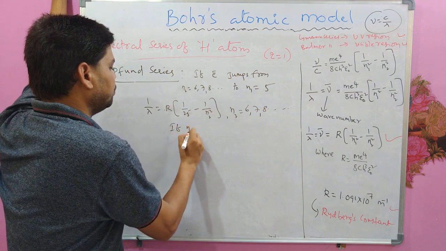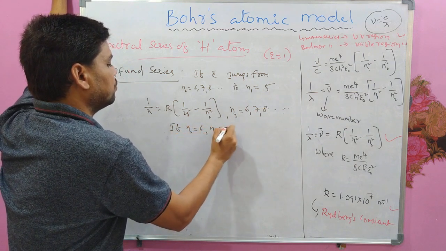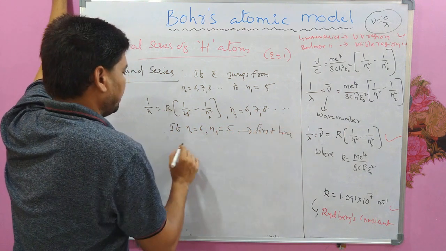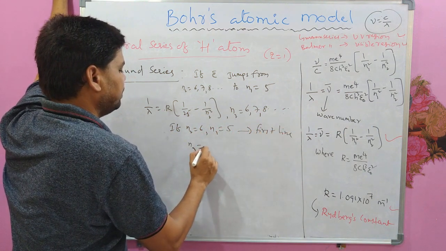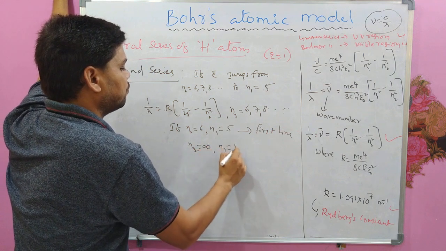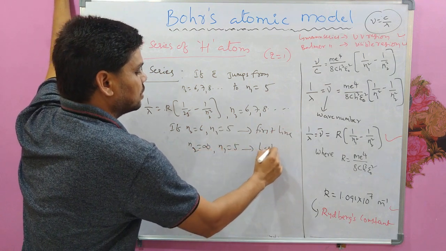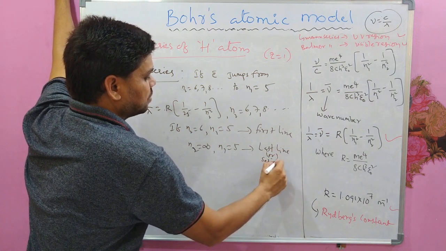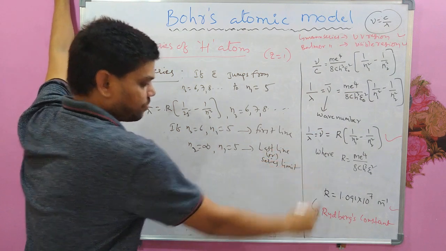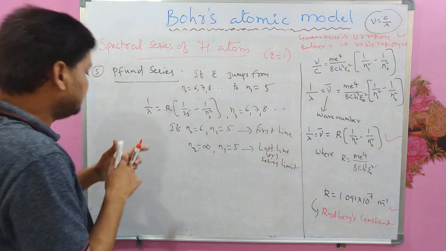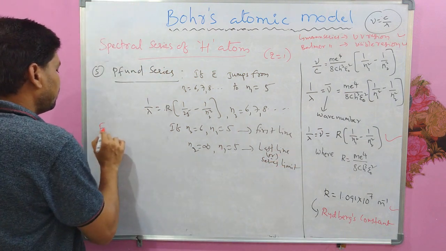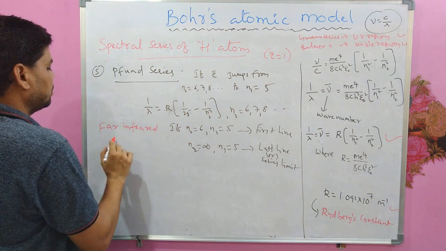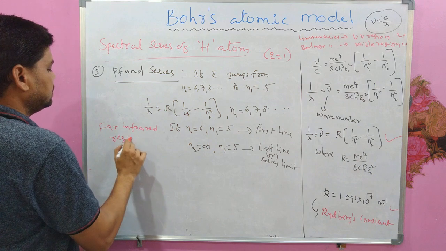If n2 equal to 6, n1 equal to 5, it is the first line, and n2 equal to infinity, n1 equal to 5, it is the last line, that is the series limit. This series lies in the far infrared region in the electromagnetic radiation spectrum.